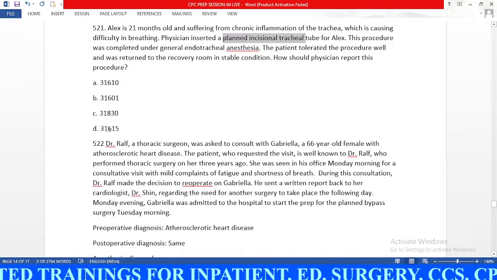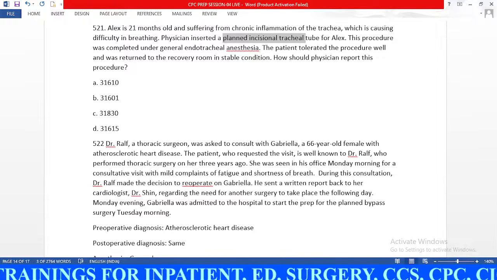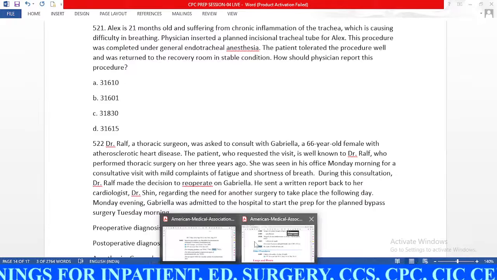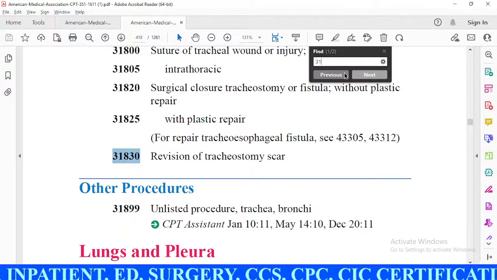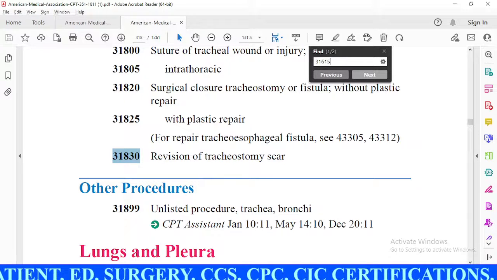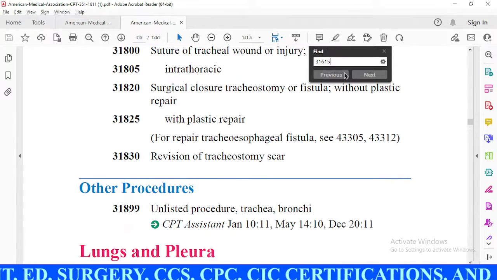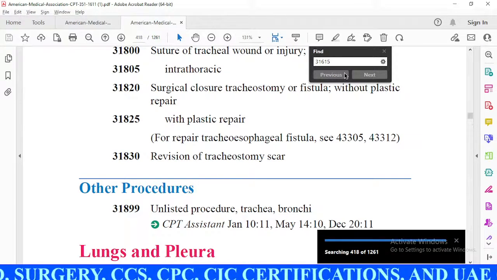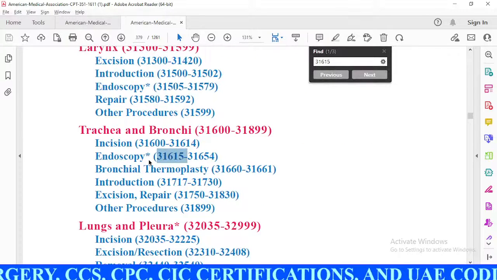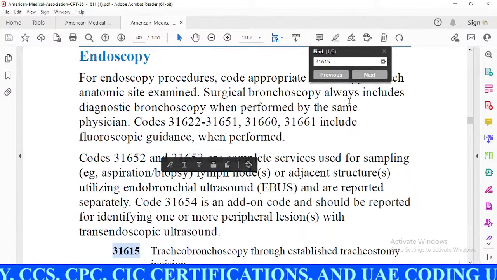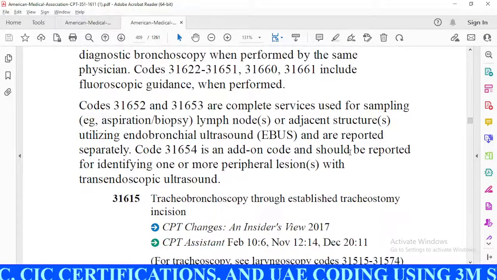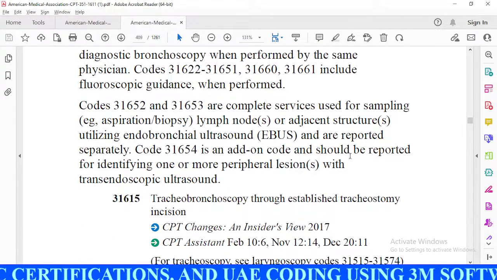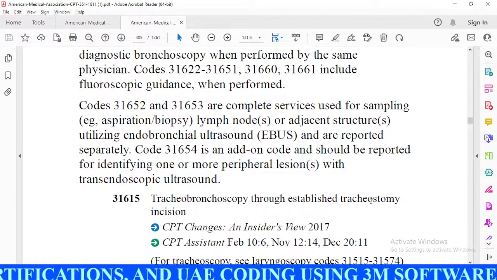Next we have option 31615. If we see 31615, tracheobronchoscopy through established tracheostomy incision.